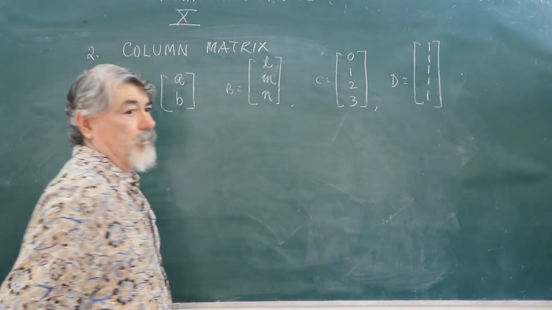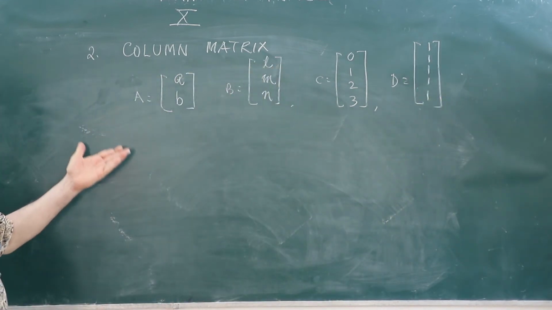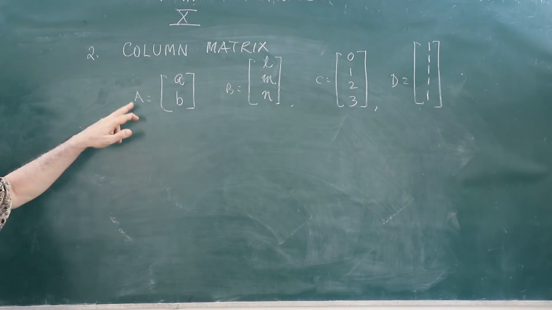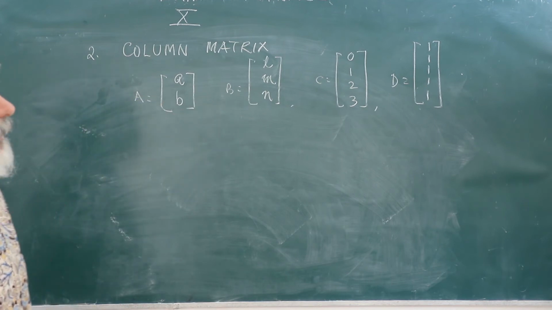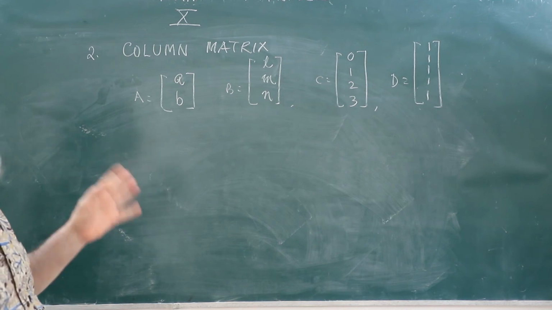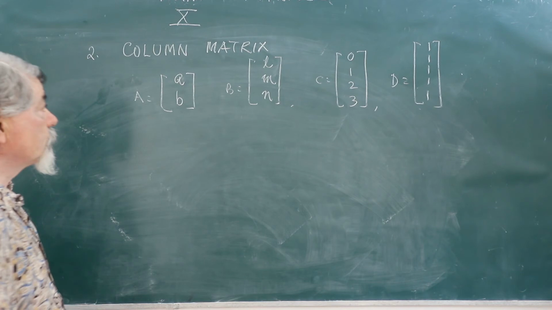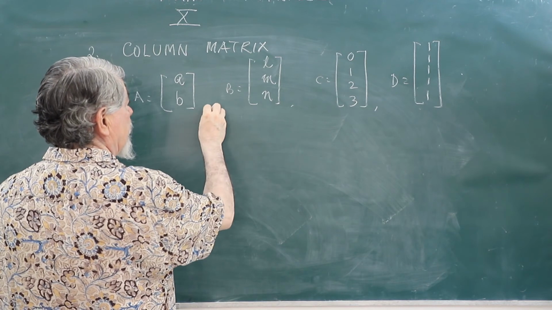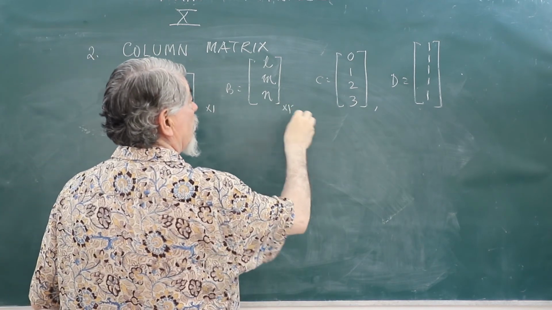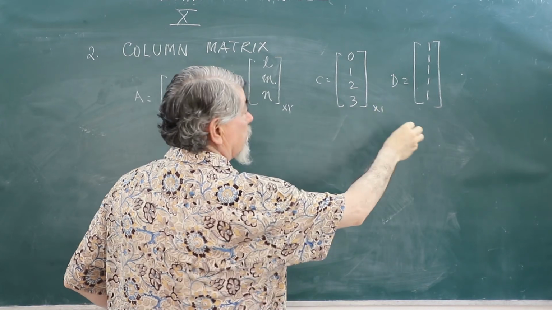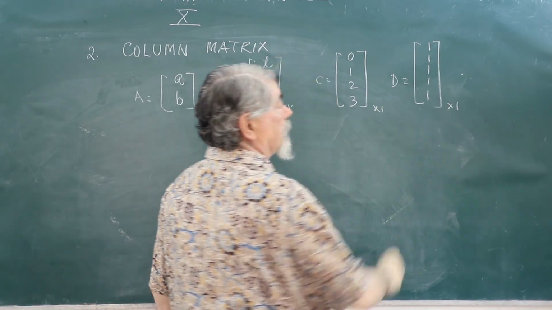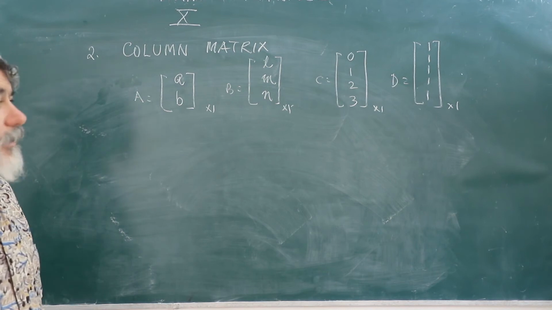In all these matrices, A, B, C and D, you will notice that it has only one column. So the number of columns will always be 1.